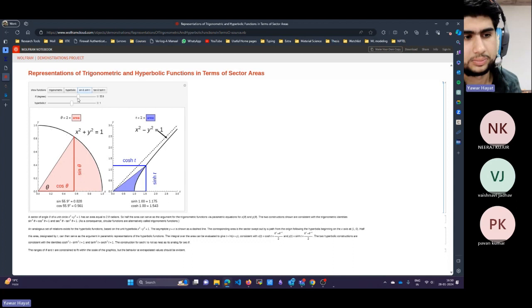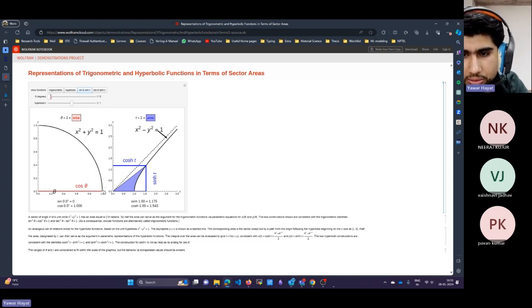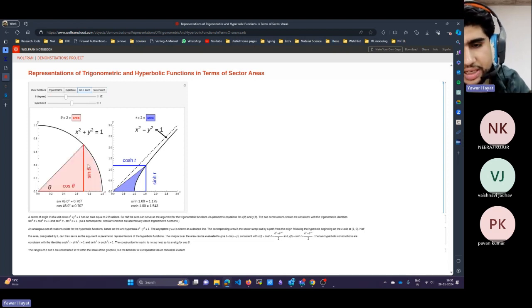For theta 0, say for theta equal to 30, this goes to 0 and then 45 should come somewhere around here. So the idea is as you increase the value of theta, this cos theta and sine theta trace out this unit circle, right?